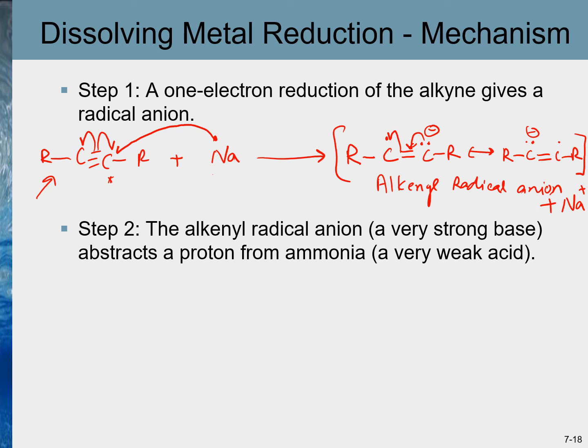The resulting alkynyl radical anion is an extremely strong base and it extracts one proton from the ammonia. So in step number 2, a proton is transferred from ammonia to the radical anion because the radical anion is a strong base.